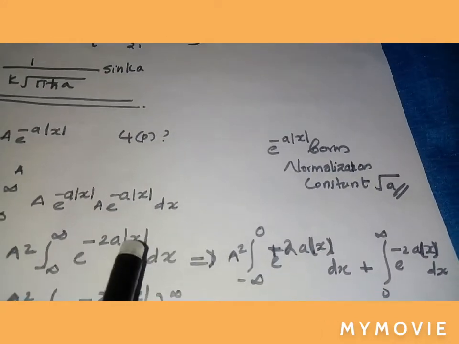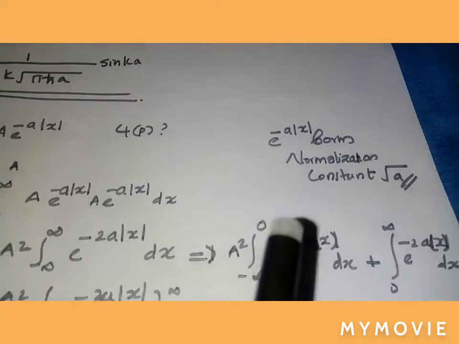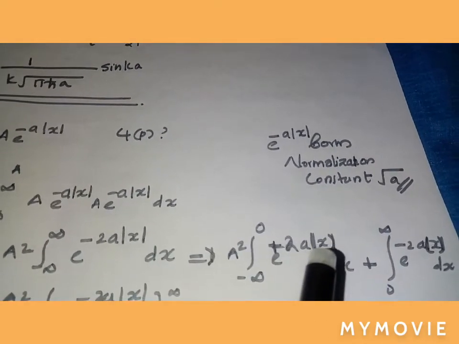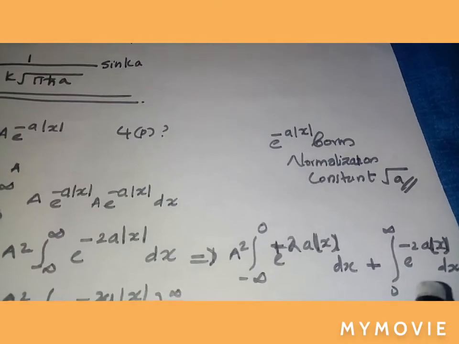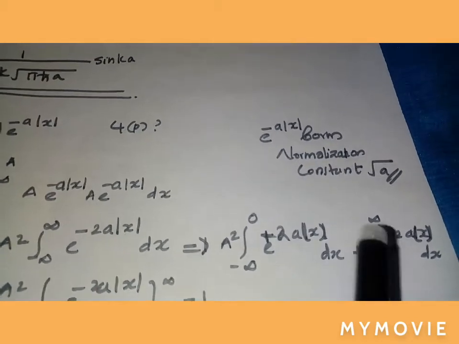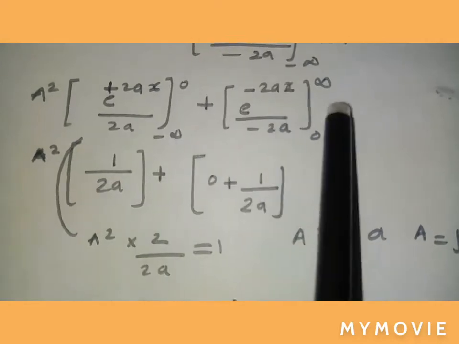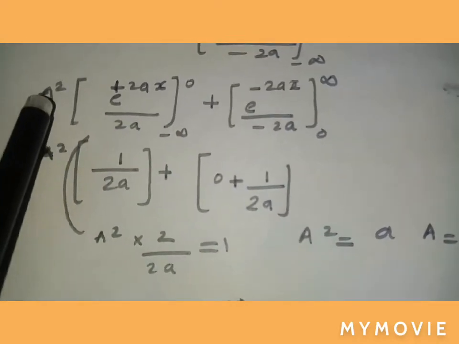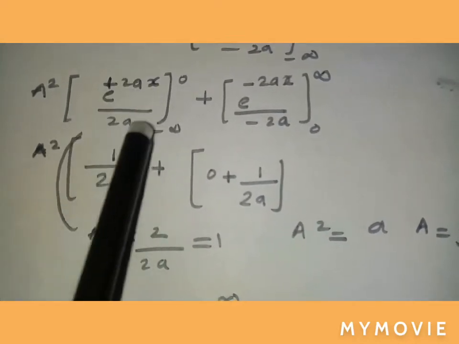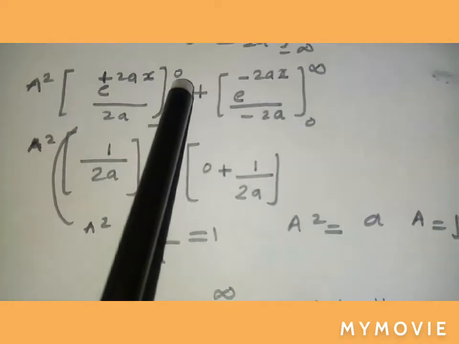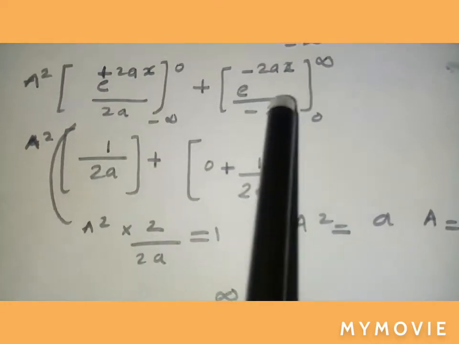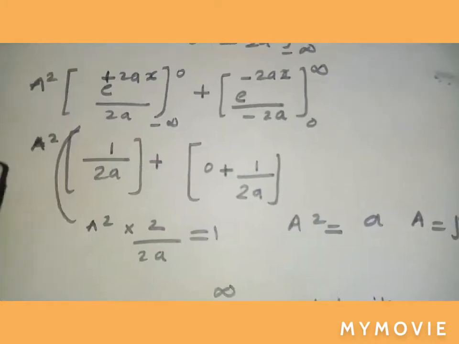So we can separate the mod function into the negative range as minus and the positive range as plus. So we get the function like this, and integrate both separately. After separate integration, we get A square into [e raised to 2ax divided by 2a from minus infinity to 0 plus e raised to minus 2ax divided by minus 2a from 0 to infinity].